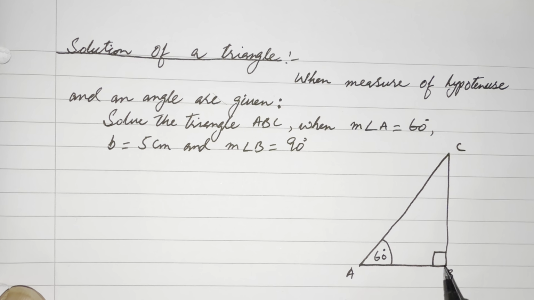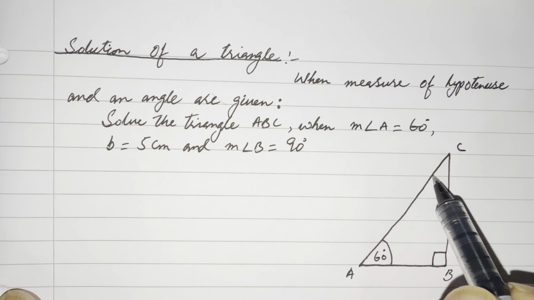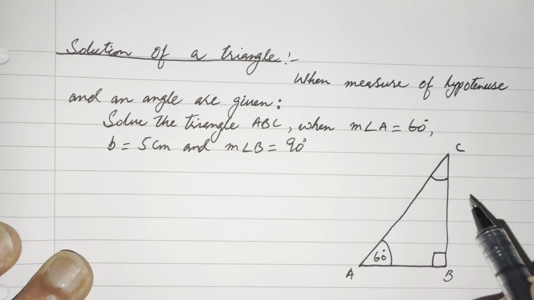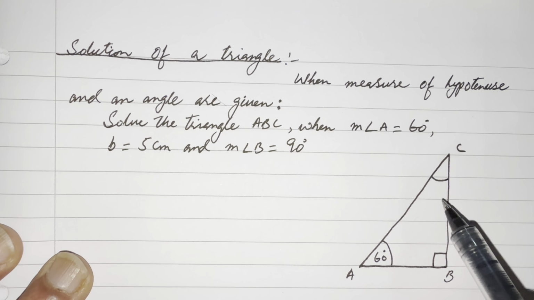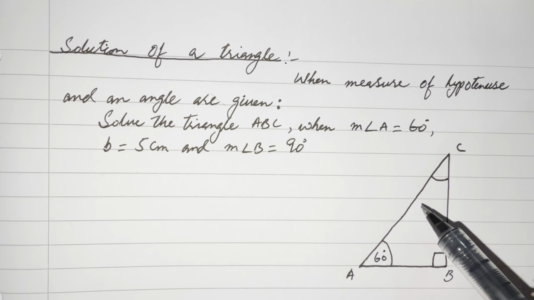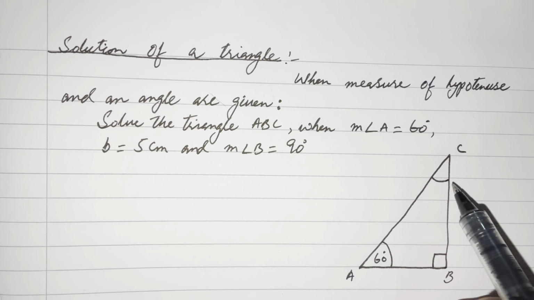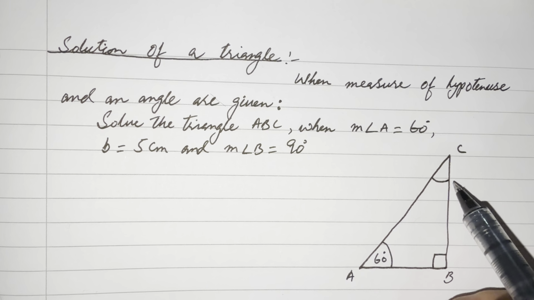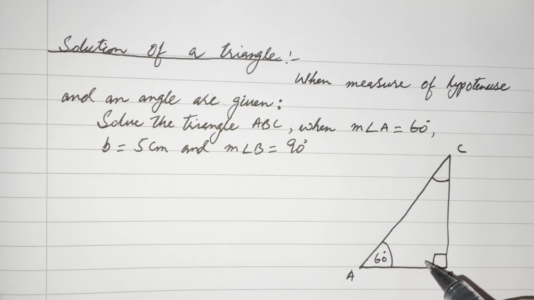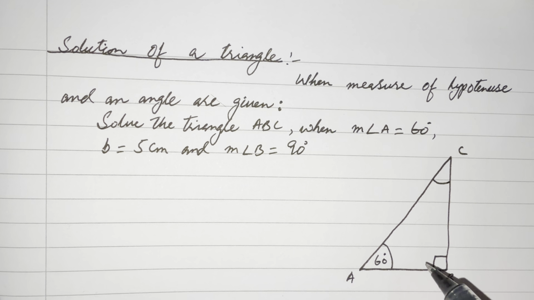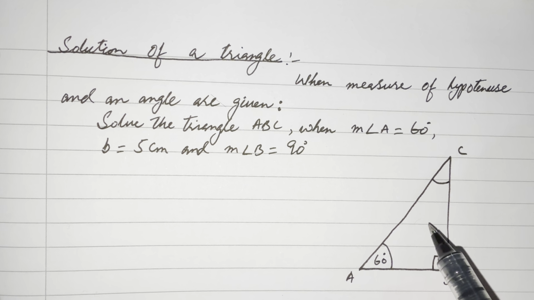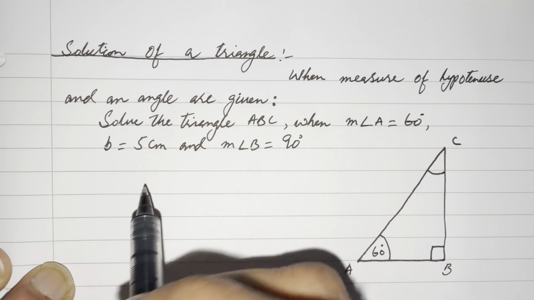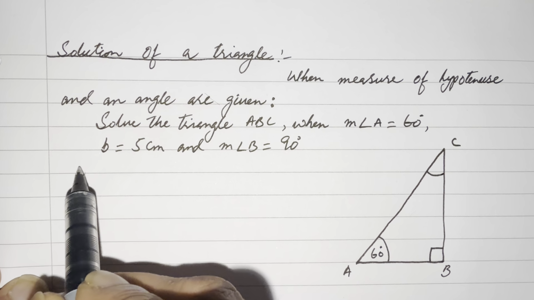The third angle we can find with the help of the law of angles of a right angle triangle or any triangle. As we know, the sum of all three angles of a triangle is always equal to 180 degrees.